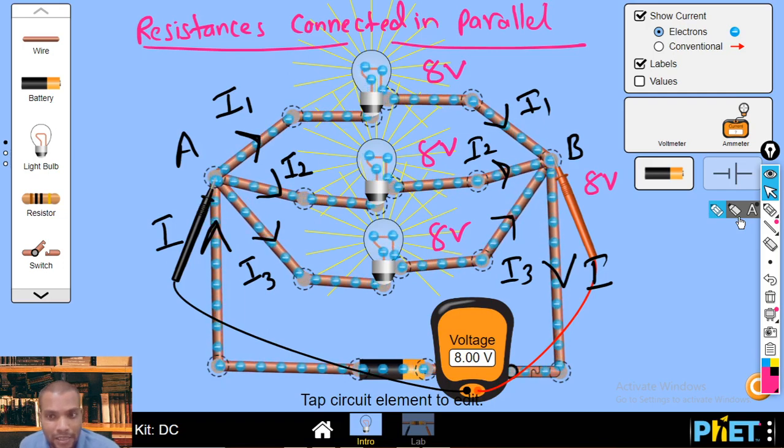I hope you got that meaning. Again I am repeating: in parallel connection the current value changes, but the potential difference across each bulb remains the same. In series it is the opposite: the current value remains the same, but the potential difference value changes.